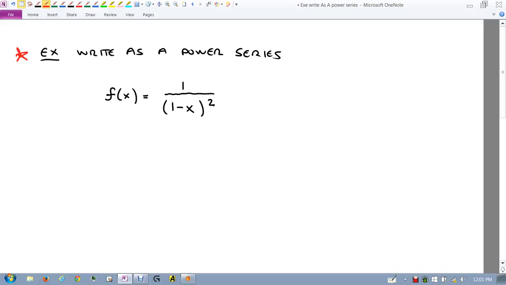I think what we've done up to this point, especially the examples that we did just a little while ago, we were trying to get them all to look like this. That's what we were trying to do. Make it look like this so we could convert it. The problem with this is that squared on the outside. You cannot resolve that squared on the outside. You can't just say, oh, I'm just going to take that series and square it.